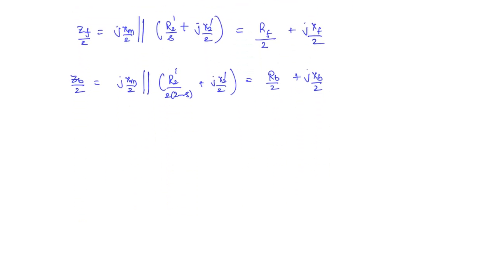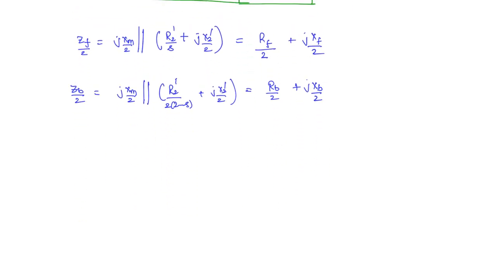Now how can we write the power relationships? What will be the expression for air gap power for the forward rotating field? This is going to be the square of the main field winding current times Rf by 2.